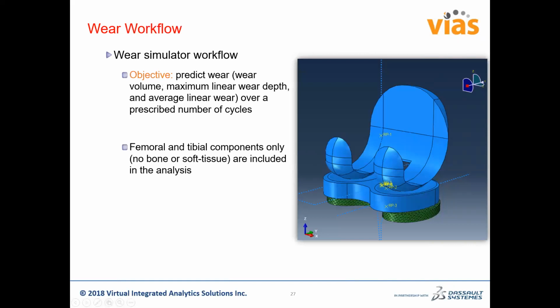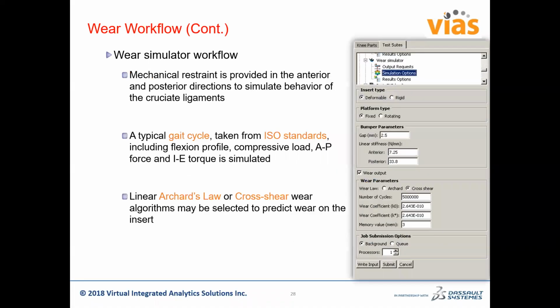So this is a replication of the experimental setup in a lab, where we do provide equivalent parameters of the actual wear tester. For example, the gap distance here, and then the linear stiffnesses of the springs attached on the anterior and posterior side. We have two wear algorithms available, Archard's law and cross shear law.